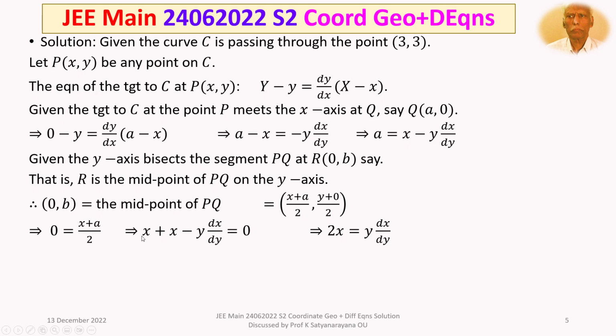That is x plus x minus y into dx by dy is equal to 0, that is 2x is equal to y into dx by dy.